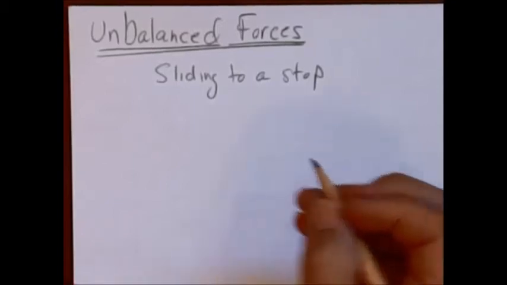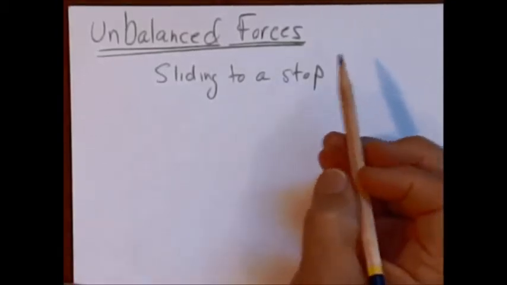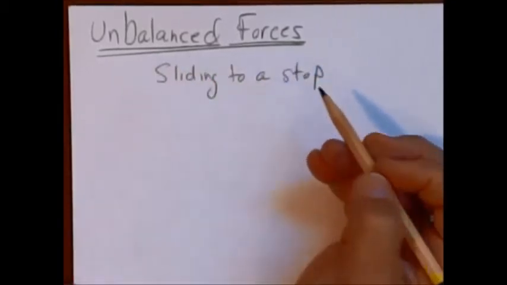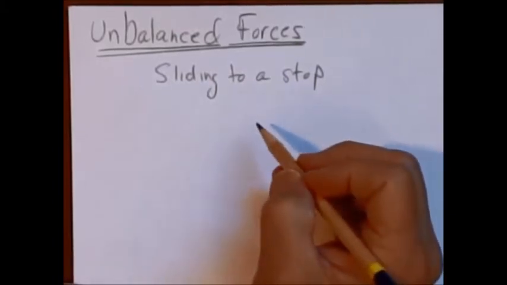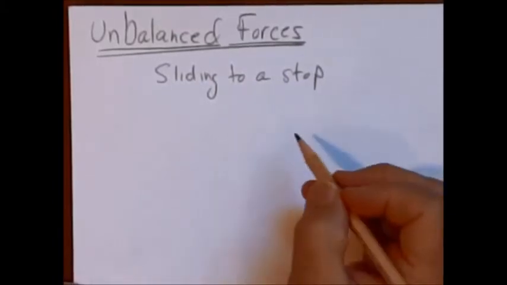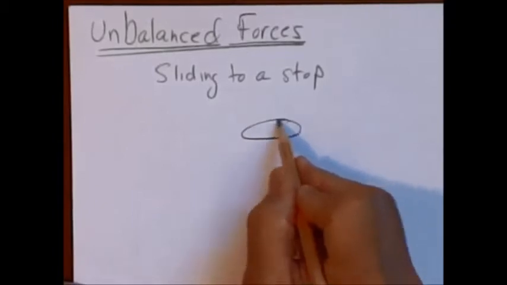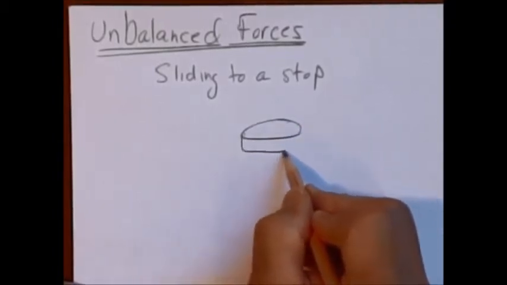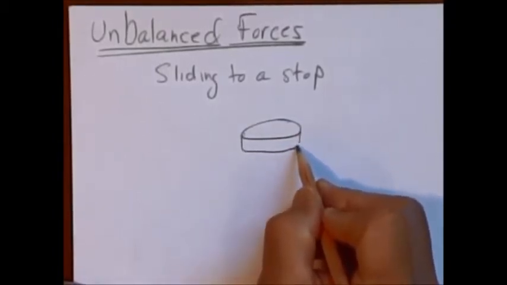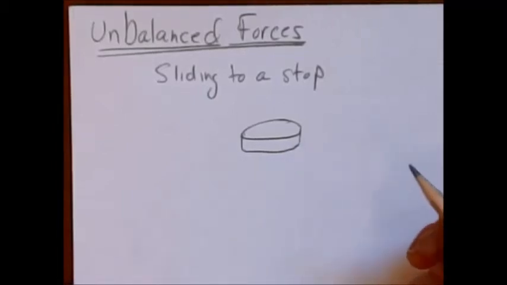Hey, this is Mr. A, and I'd like to solve an unbalanced forces problem that I call sliding to a stop. And the sliding to a stop problem is actually a special case of an unbalanced forces problem in that we don't have any applied force.